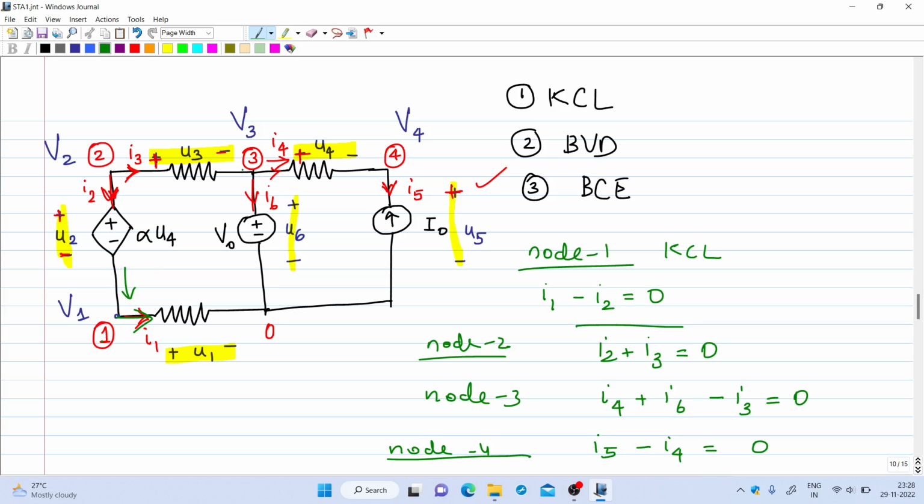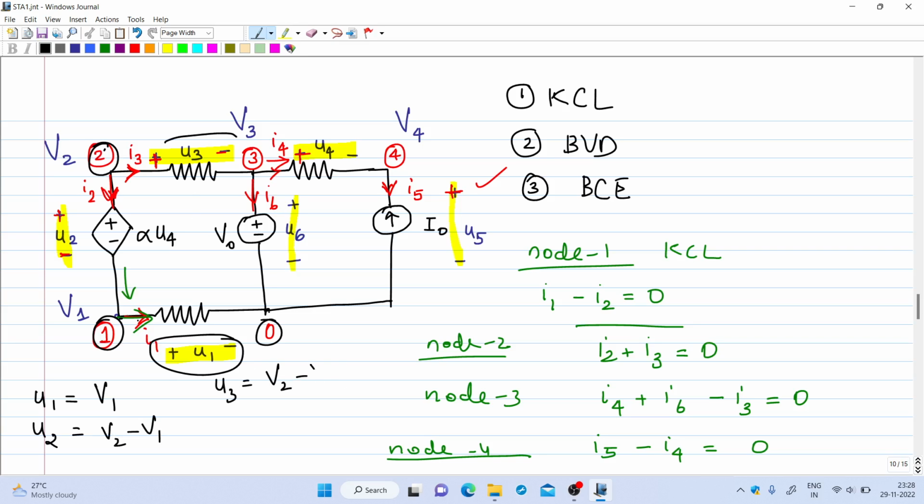Then branch voltage definitions. What is U1? U1 is V1 minus 0, that is V1. U2 is V2 minus V1. Then U3 is V2 minus V3.